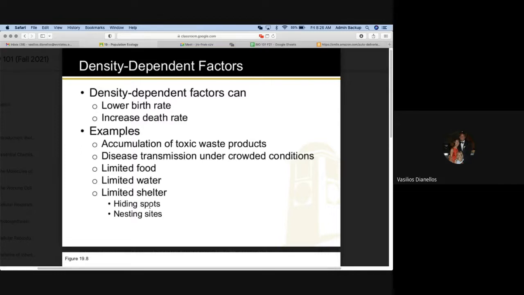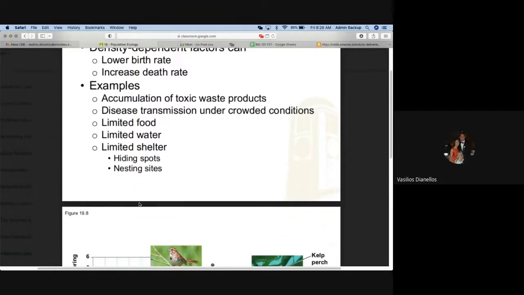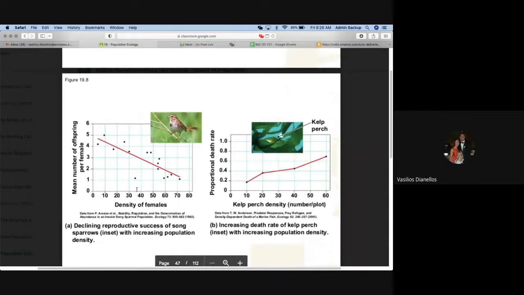But then if you get up to 150 squirrels per campus, then you're going to have 50 squirrels without hiding spots. And those are going to be the ones most likely to get run over by a car or eaten by a stray cat, something like that. In which case, again, the population growth rate goes back down to zero and nature kind of maintains that carrying capacity.